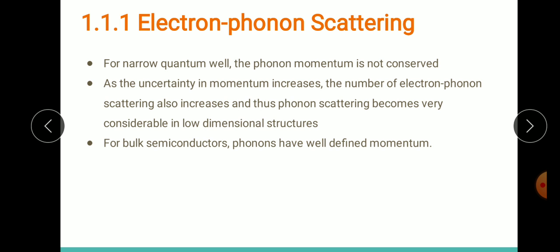But in the case of bulk, the phonons have very well defined momentum. So that's about electron-phonon scattering. Here we have seen what is phonon, how this electron-phonon scattering occurs, and how it is different from the bulk semiconductors. I hope these many points are clear to you.